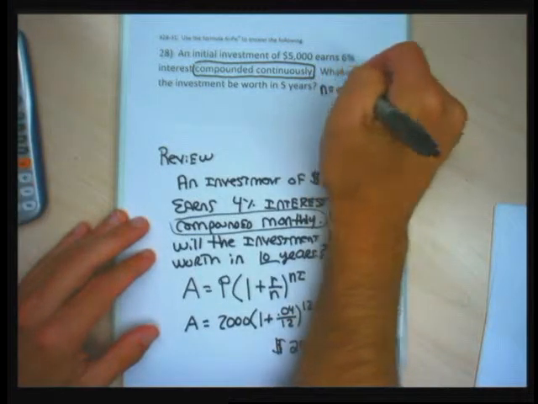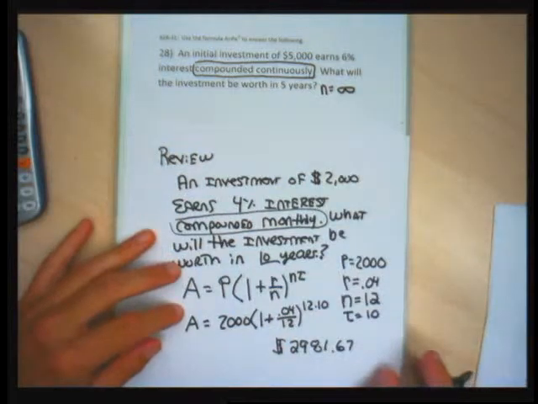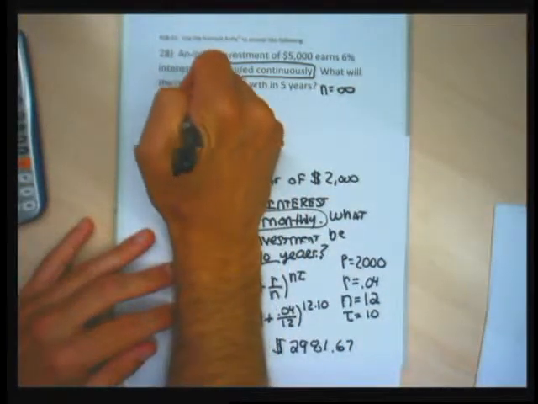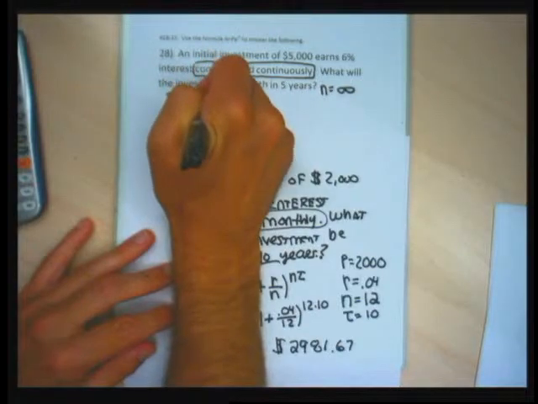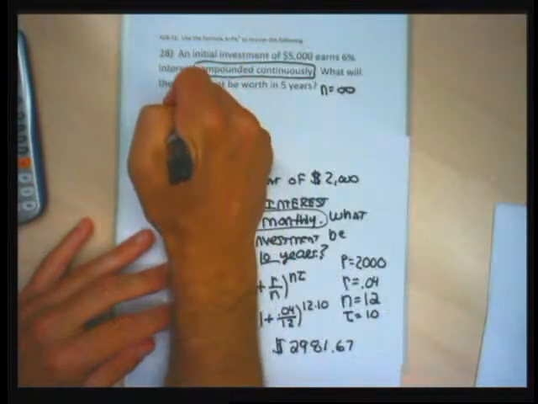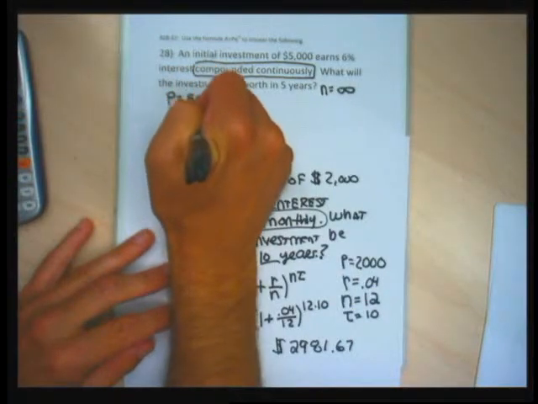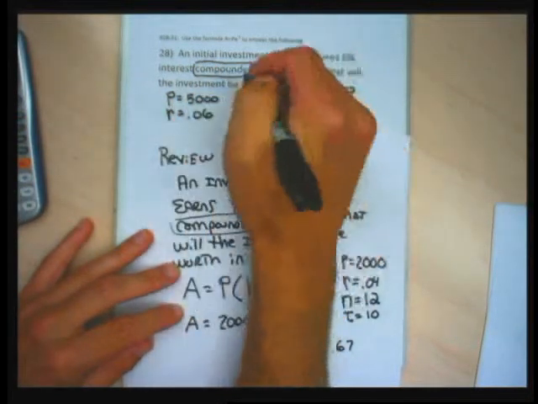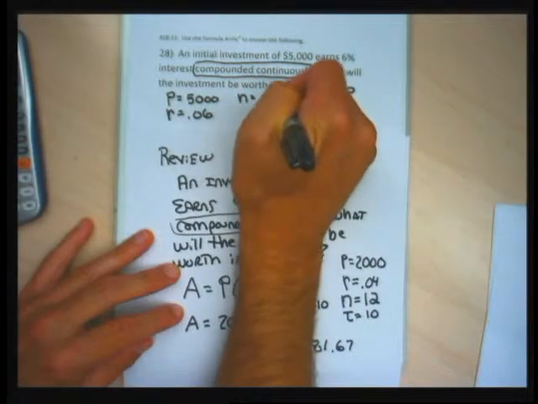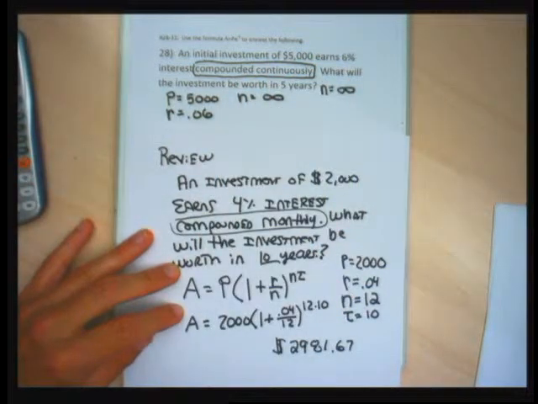So if I wanted to do this problem using the formula that I'm comfortable with, I would say P is the beginning amount of money, which is 5,000. R is the interest rate as the decimal, which is 0.06. N is the number of times I get interest each year. Continuously means I get interest infinitely many times.